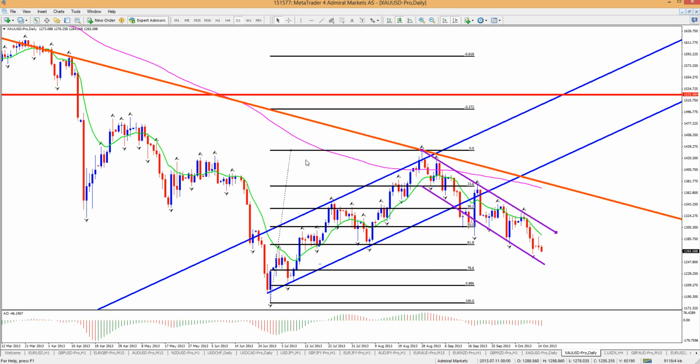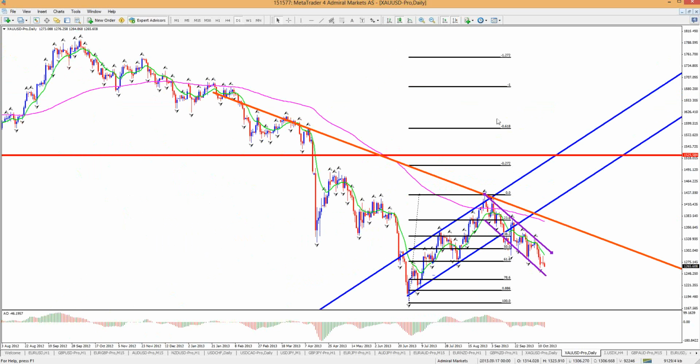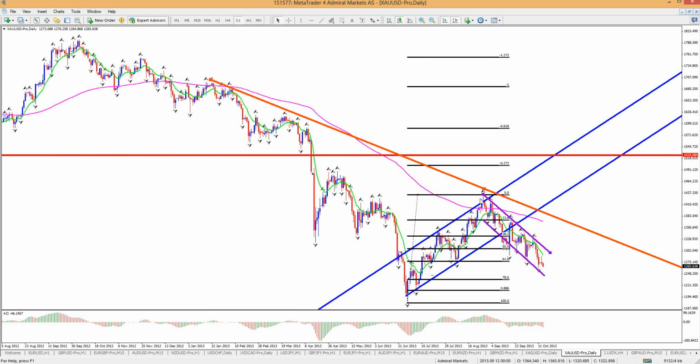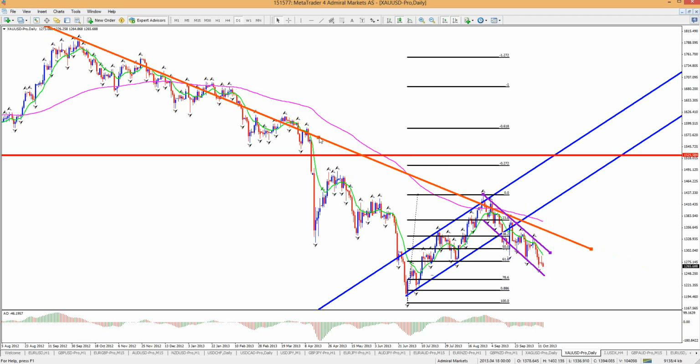So this is the XAUUSD, right? The way I look at the XAUUSD is this. I should change that trend line a bit, maybe like that.